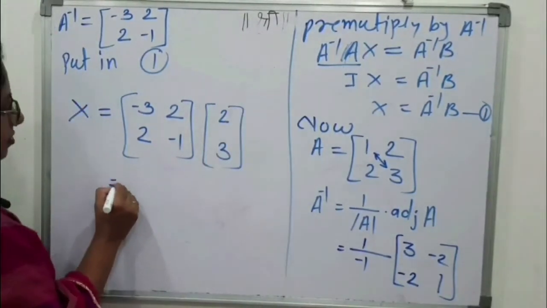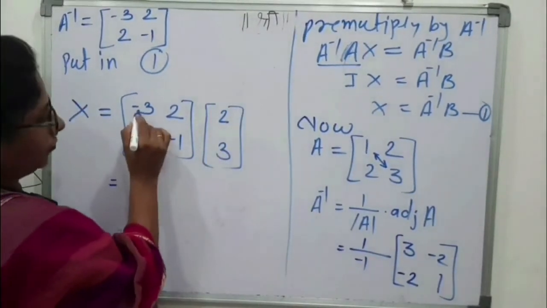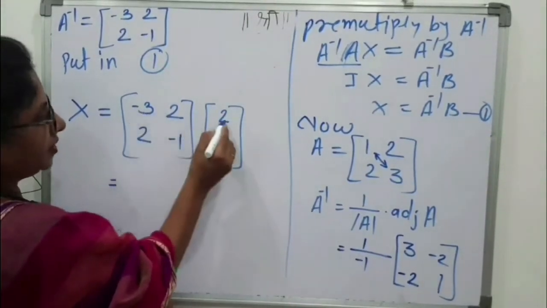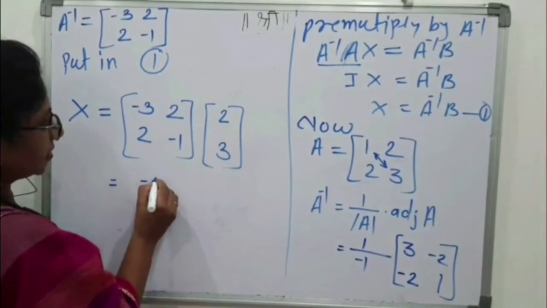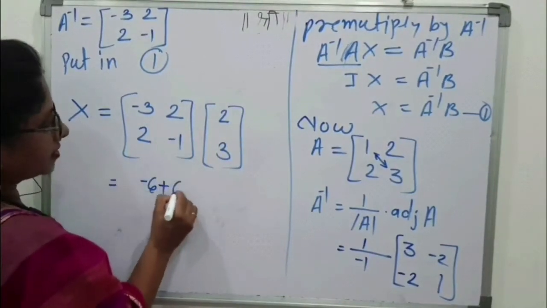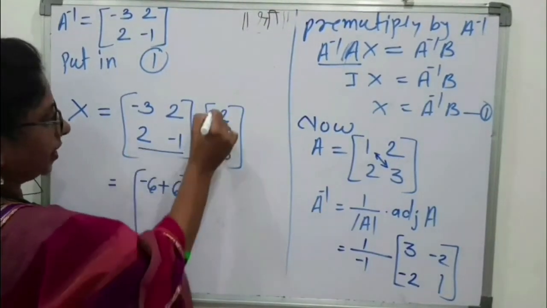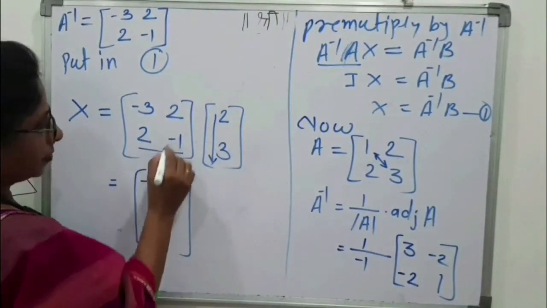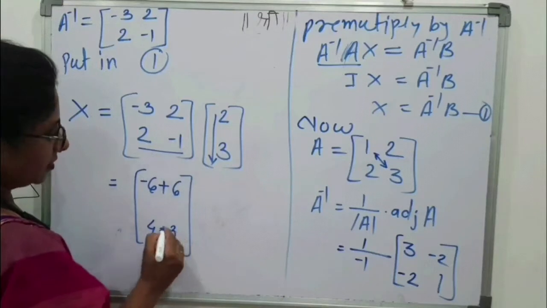Now multiply these two. First row, single column, so no problem. Minus 3 into 2 is minus 6, plus 6, that is 0. Second row and this column: 2 into 2 is 4, minus 3, that is 1.